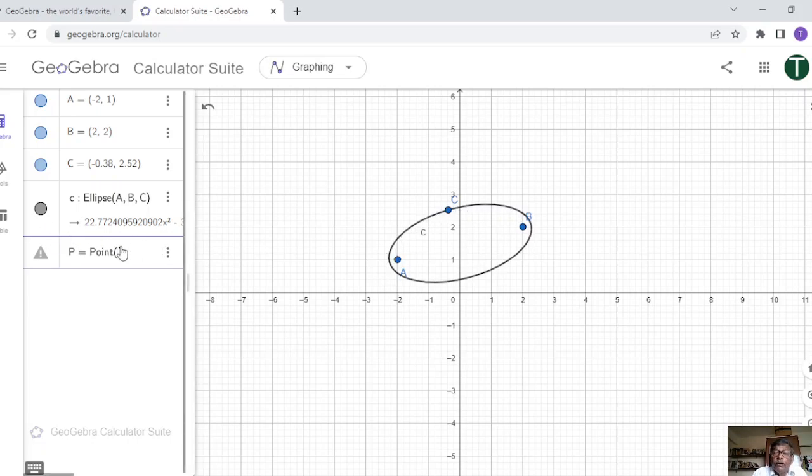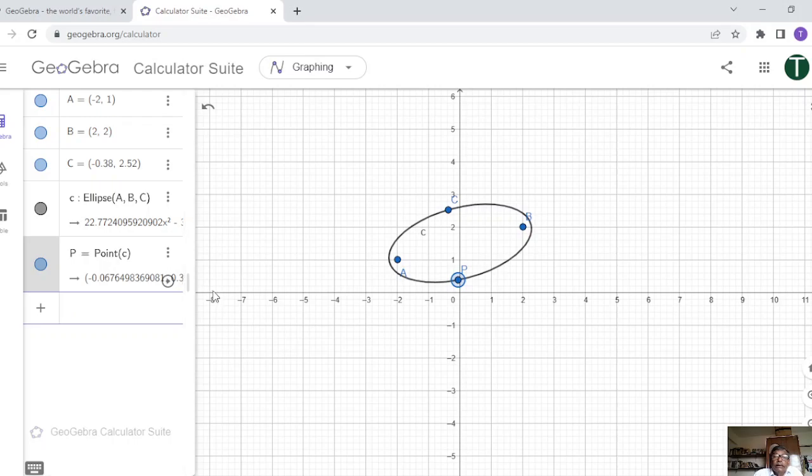So simply write small c. And it has created this point P. Now, if you move this point P, it will always be on the ellipse. That is the difference from C. So this C I need no more. I will just suppress it. So I have created a point which will move like this. You know.